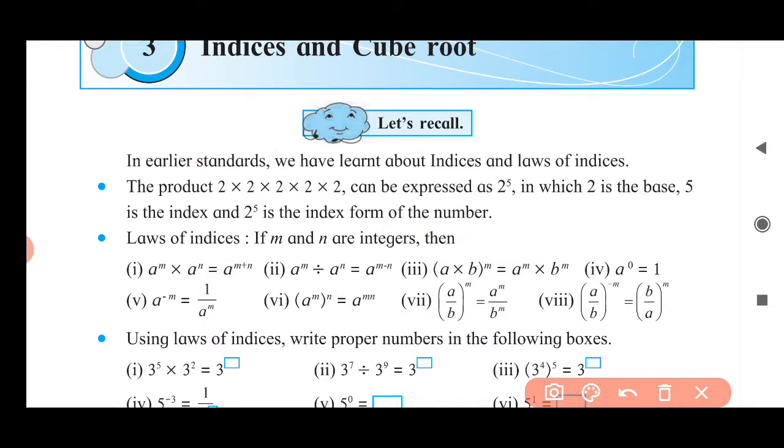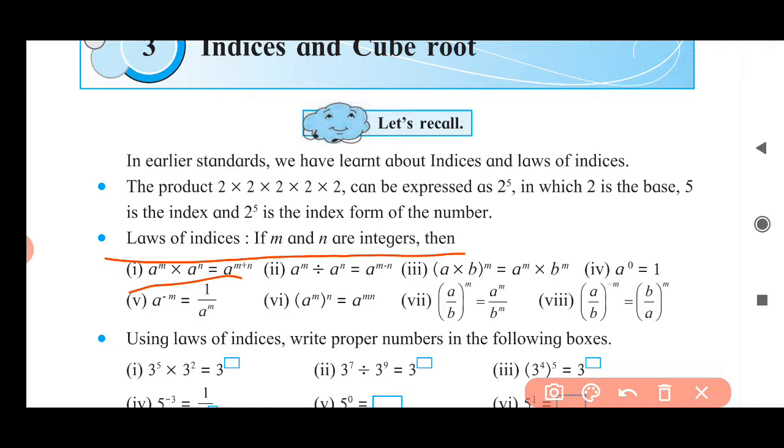Okay, now the law of indices. You learned the law of indices last year. The first law is expressed here in an equation; you have learned these laws and definitions in previous years. Okay, let us discuss these laws.